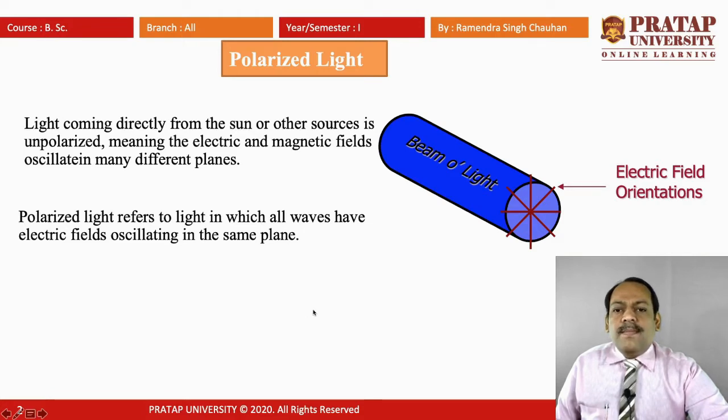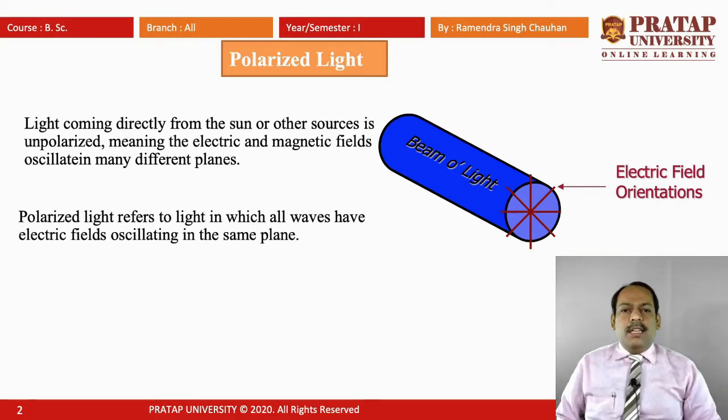In fact, in general, we can say that polarization is a lacking of symmetry. In the case of unpolarized light, the vibrations are in all the directions, and there is a symmetry existing for the vibrations in all the directions.